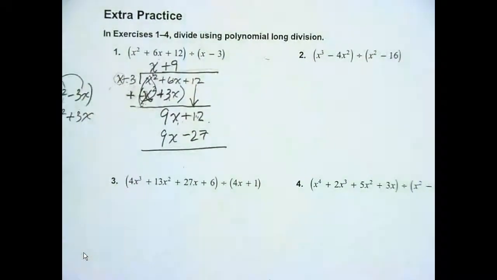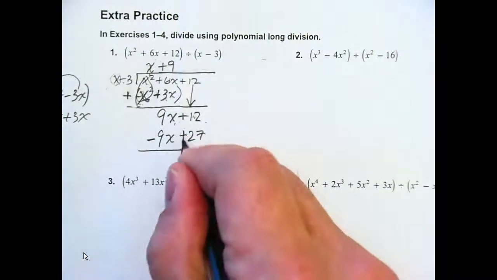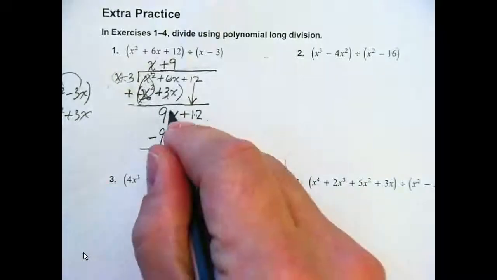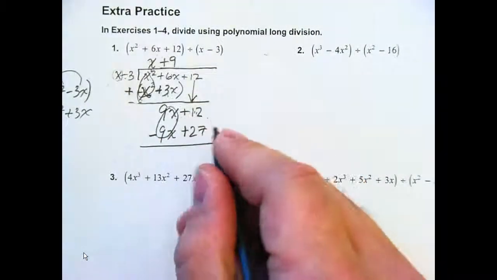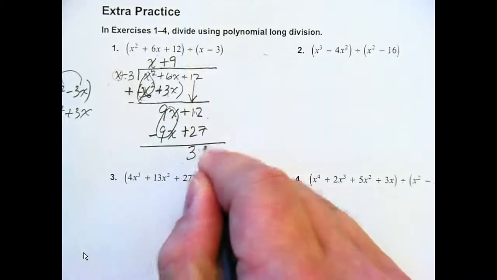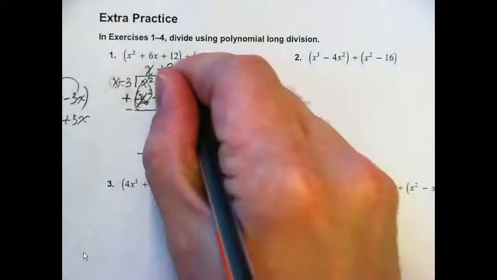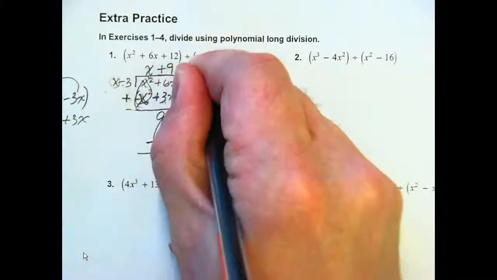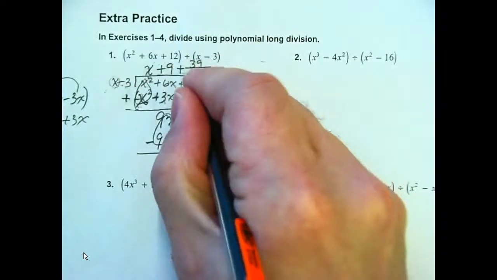We subtract, which means we flip the signs. This becomes 0. This becomes 39. Is there anything else to bring down? No. That is a positive 39, so we're just going to say plus 39 over x minus 3.